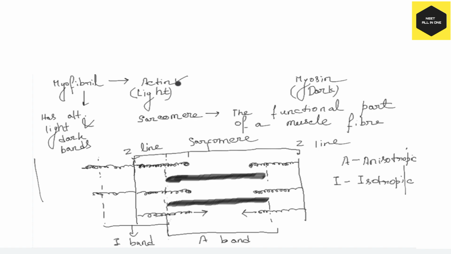This will move in this direction and this will move in this direction, such that when the muscle contracts, the part that remains overlapped will shorten. And when the muscle relaxes, the actin filaments will again go in this direction, so the overlapped portion will increase.